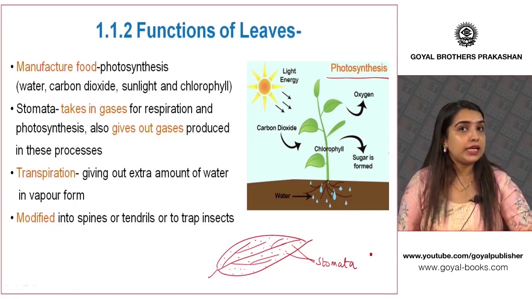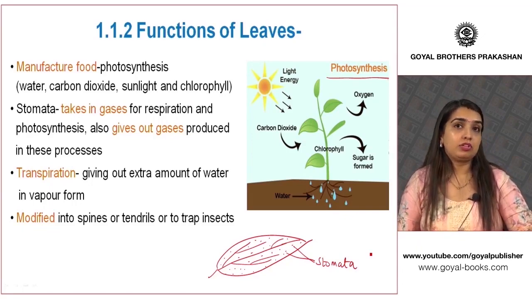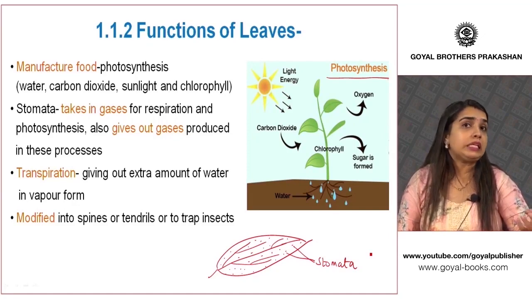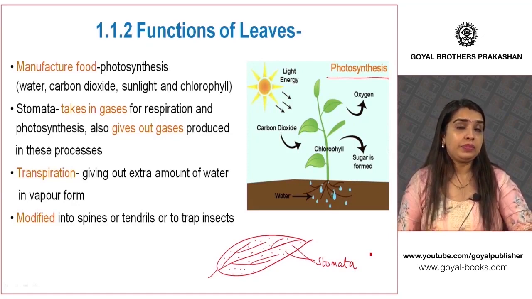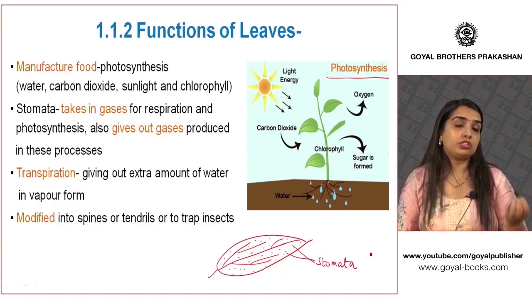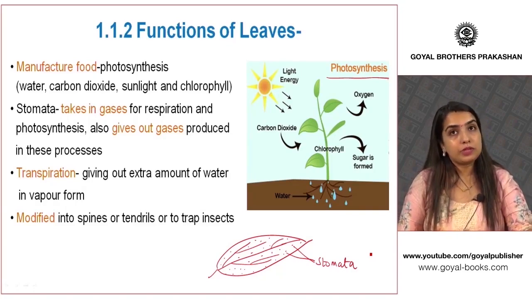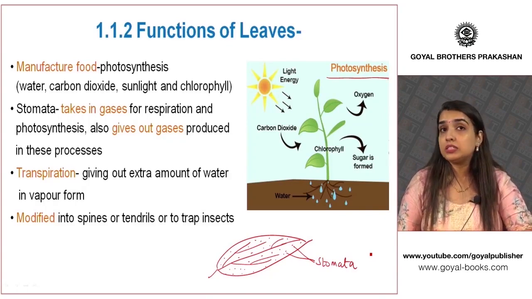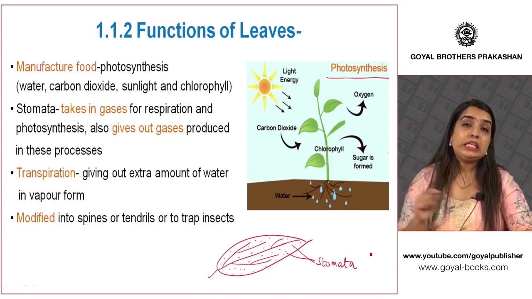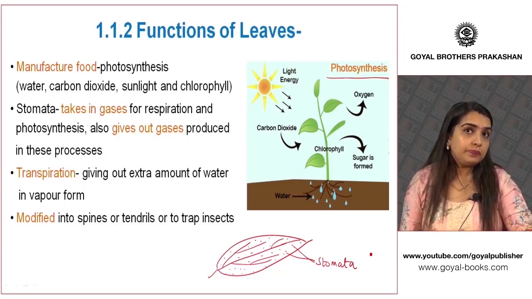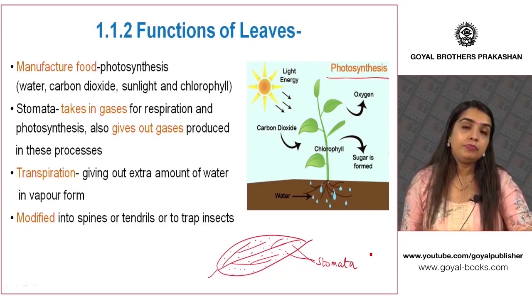We notice that certain plants have spines in place of leaves so that it helps in reduction of water intake. Reduction of water that goes out in the form of transpiration. Then there are certain plants which also have little tendrils which are like a thin coiled thread-like structure, and these structures help in climbing the plants.